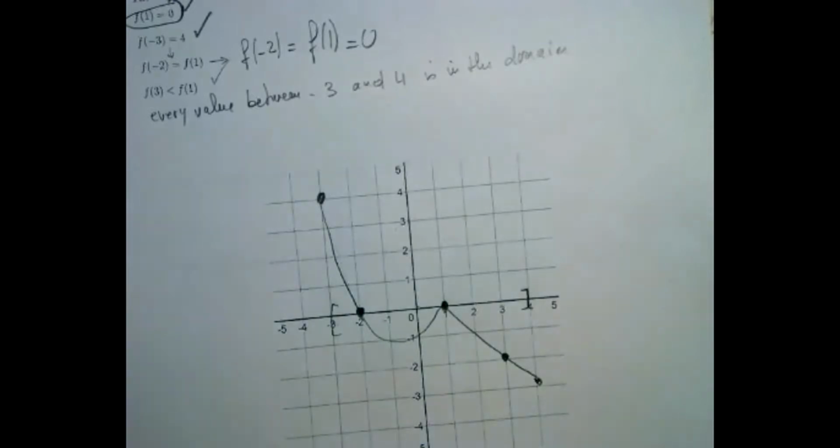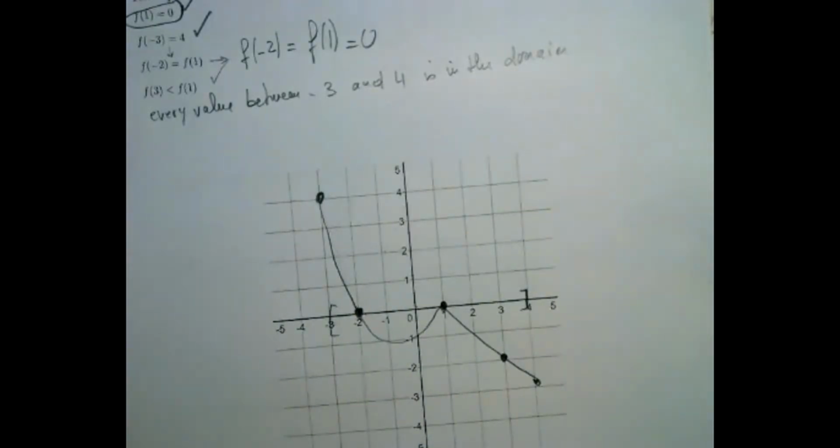When there's something like f of 3 less than f of 1, wouldn't the dot on the graph be hollow rather than filled in? No, because 3 is in the domain. They should be in the input. Absolutely. When there is a hollow circle, which I will talk about a little later, it means that 3 is not an input value.